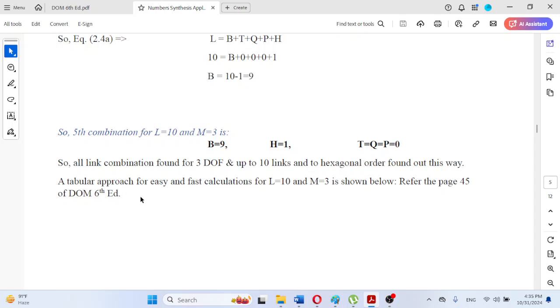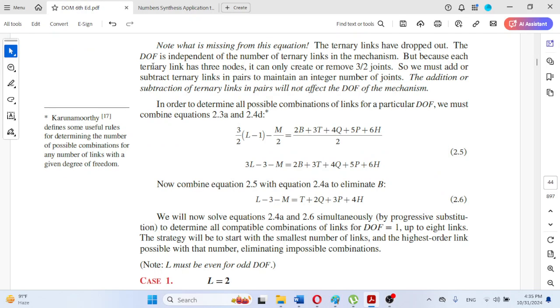So a tabular approach has also been used, and students must be well conversant and have full command of this technique. So a tabular approach for easy and fast calculation for L is equal to 10 and M is equal to 3 is shown below. Reference page number 45 of the book Design of Machinery, 6th edition.